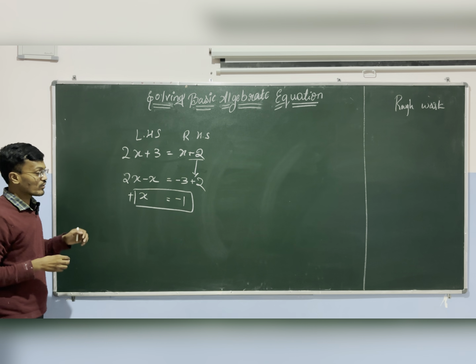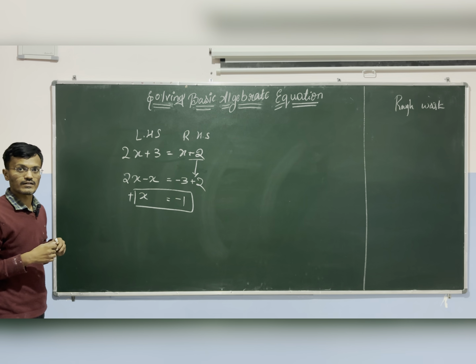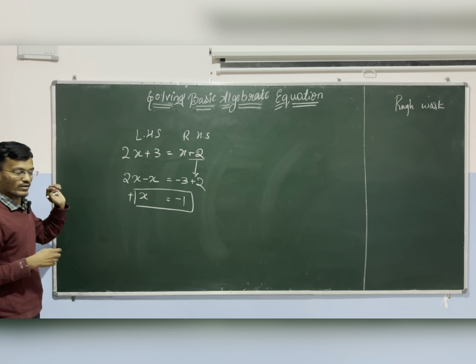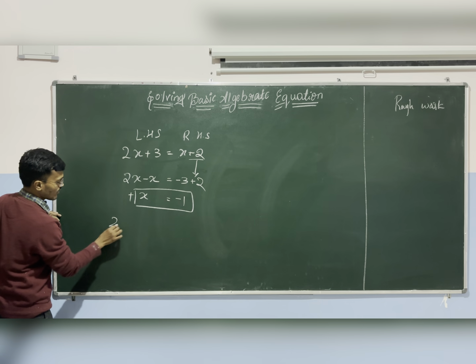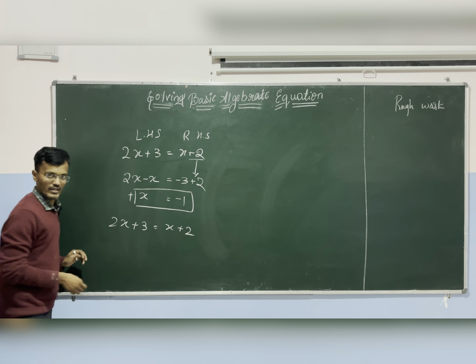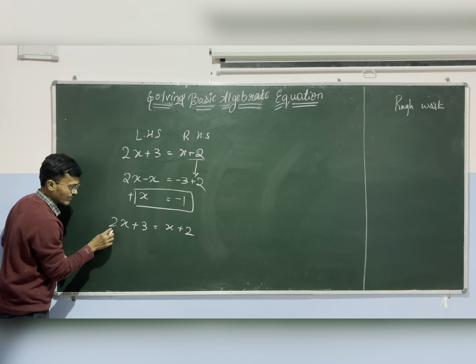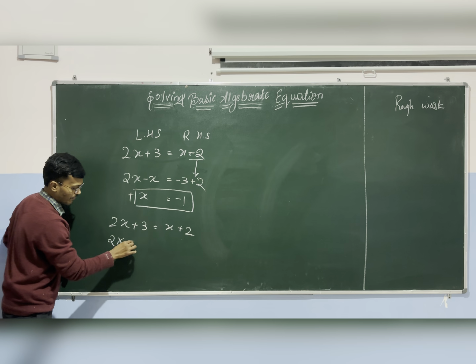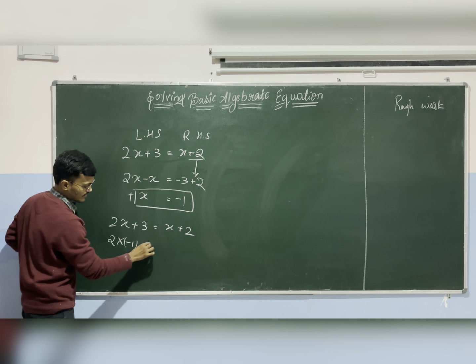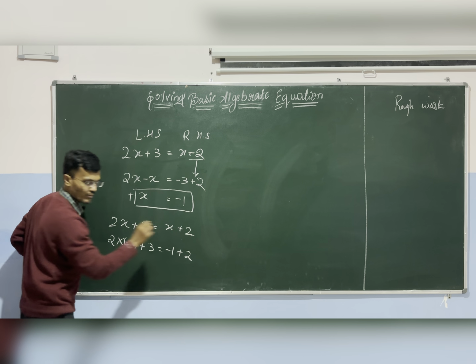So students, do we know that x is equal to minus 1? Is it the right answer? We go for a proof. So we take 2x plus 3 and x plus 2. We already know that x is minus 1. So put in this equation 2 into minus 1 plus 3, and x is minus 1 plus 2.